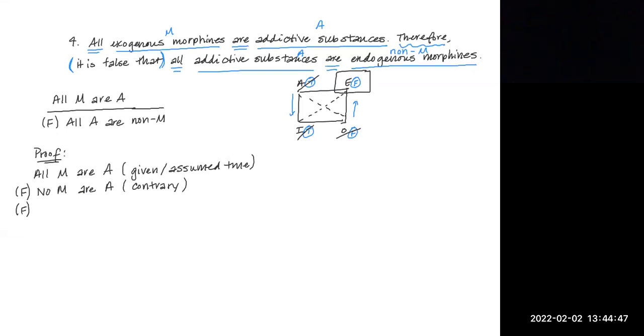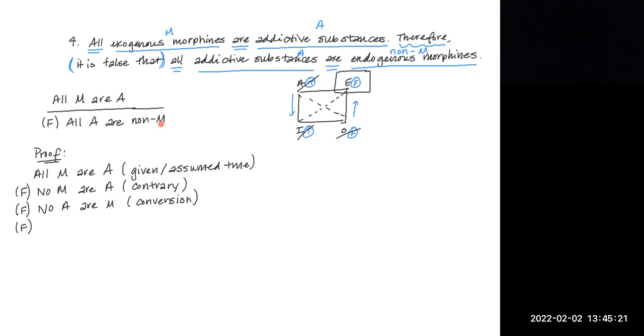But does no M or A look like it is false that all A are non-M? No, it doesn't. So I'm going to need to switch some things around in order to make it work. The first thing I'm going to want to do is conversion. I'm going to switch the places of the subject and predicate terms. That's all conversion does. And then I still need to change this no to all and this M to non-M.